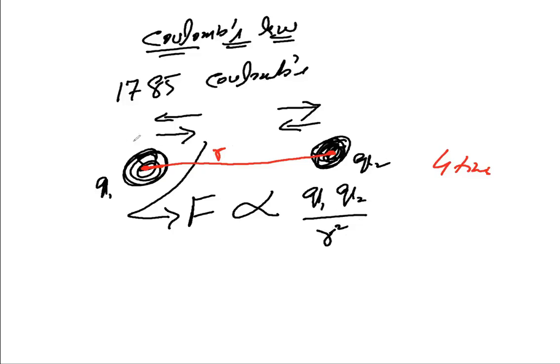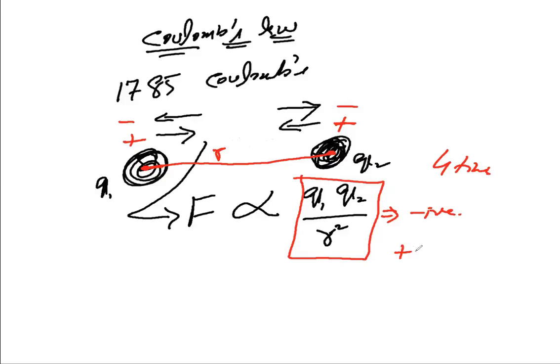If we have different charges, then the force will be attractive, and its value will be negative. But if you have the same charges, positive positive or negative negative, then the force will be repulsive, because here we have the same charges, and that repulsive force is represented by a positive sign, or you will get a positive force value.